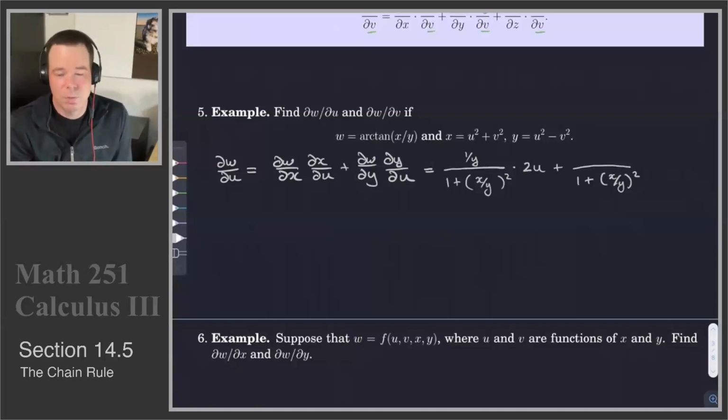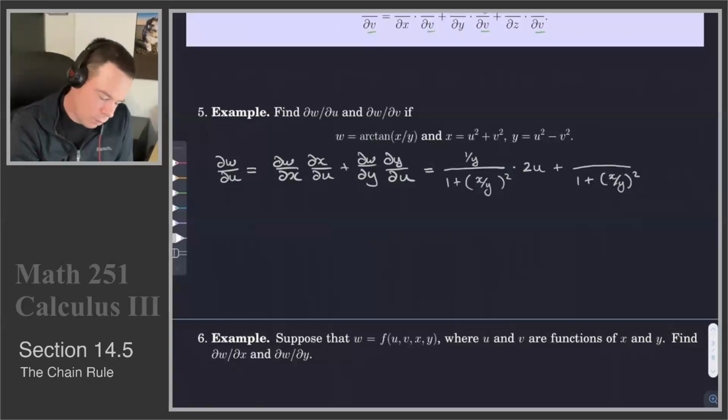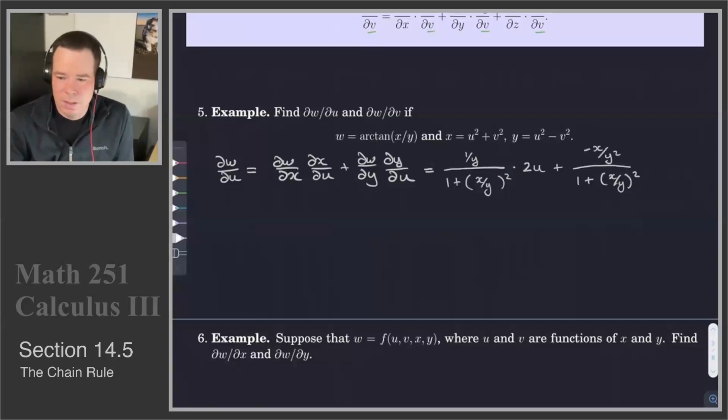So it's just x times the derivative of 1 over y, which is negative 1 over y squared. So that's our derivative of the inside with respect to y. Derivative of x over y with respect to y is negative x over y squared. And then we multiply by the derivative of y, which is the innermost thing, with respect to u. And so that becomes a 2u as well.